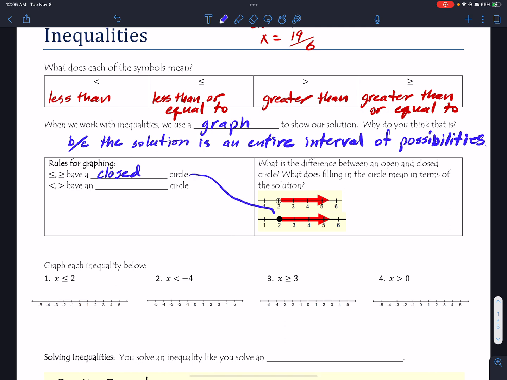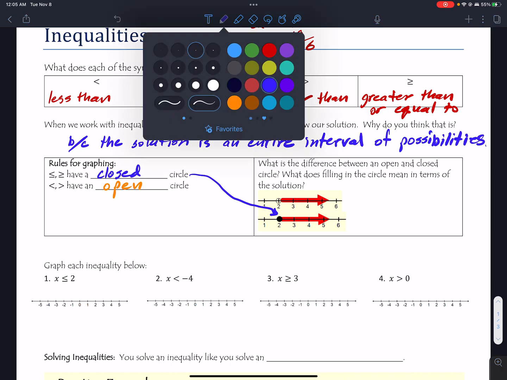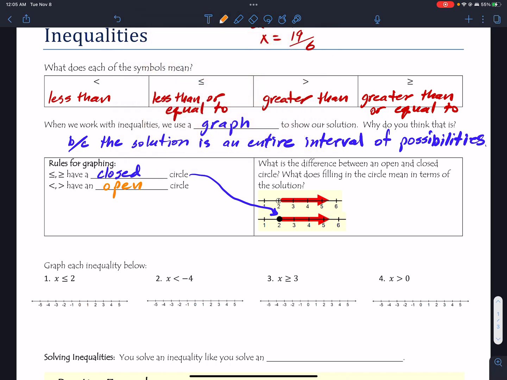If you have just greater than or less than, then you have an open circle, an open dot. I'm going to make this pretty clear by changing the color. So the open dot one is this one.